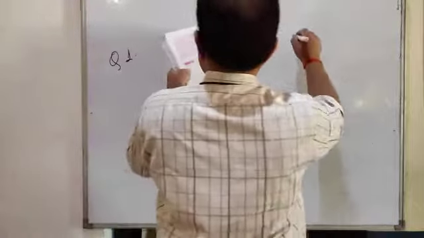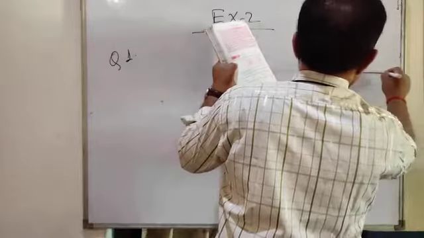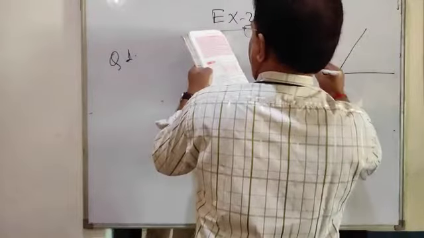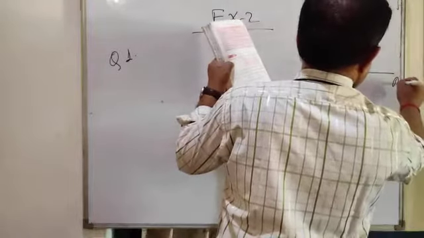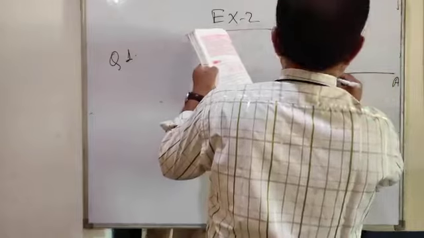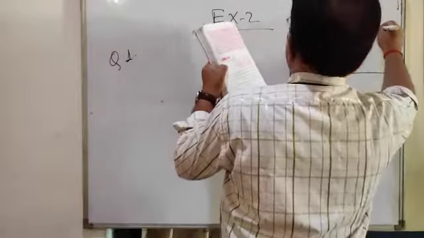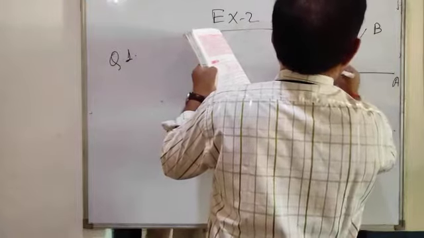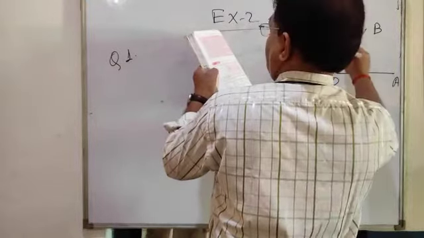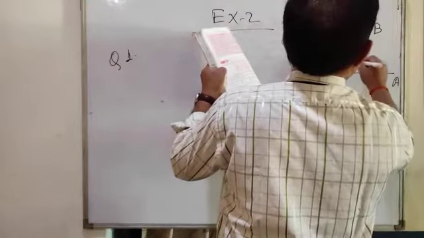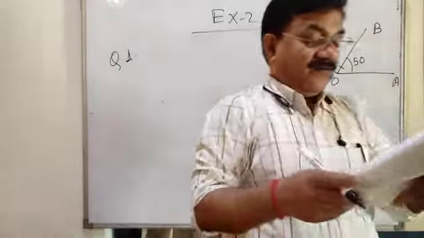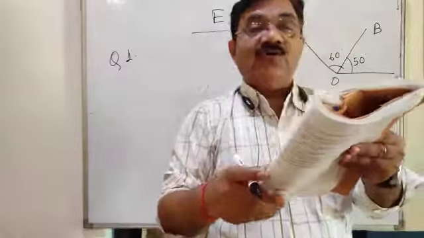See here, this is the condition: A, O, B, C. This is 60 degrees. This is 50 degrees.